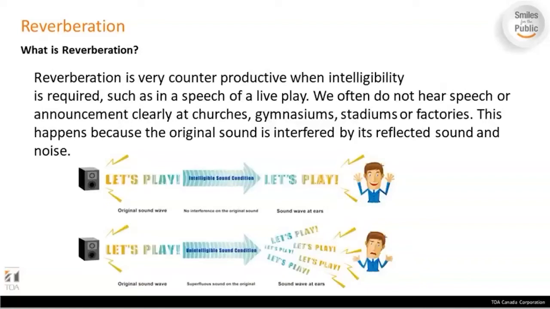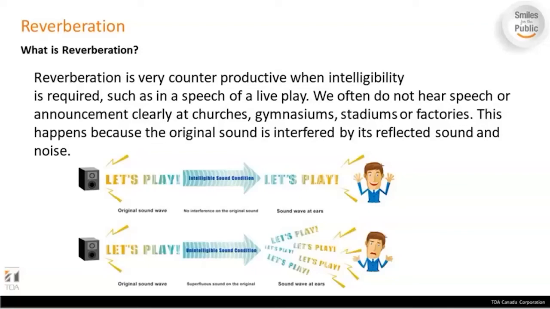So, for example, you went to the chapel on Sunday morning, and when an announcement is made, or when anything is read or said, we often wonder, did I not hear it correctly, or what did the gentleman just say? This is because there's a lot of reverberation in the room, and the system is not finely tuned.